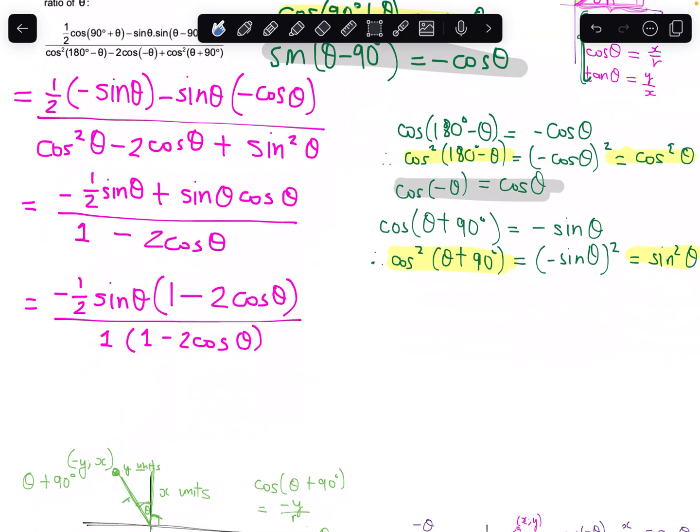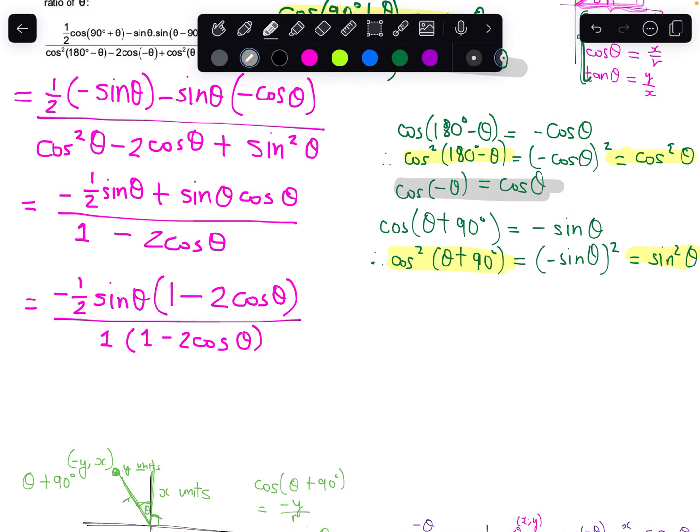We can only cancel if we have one term at the top, one term at the bottom. So we can now cancel away the common bracket, which is 1 minus 2 cos theta. And so this simplifies to minus a half sine theta.